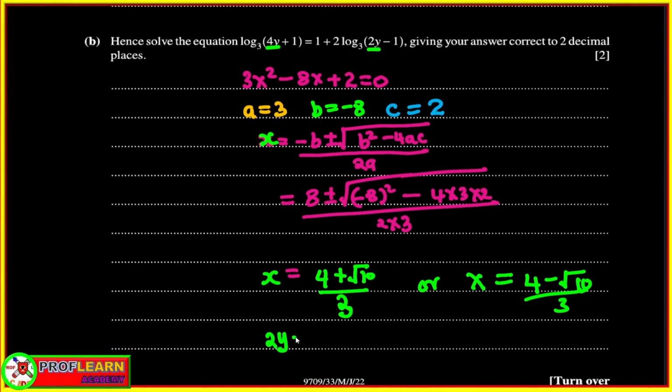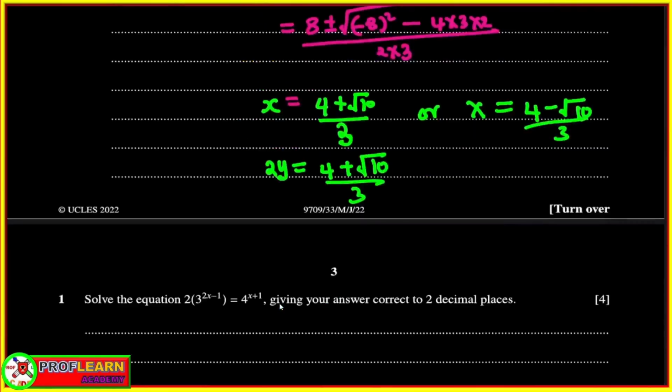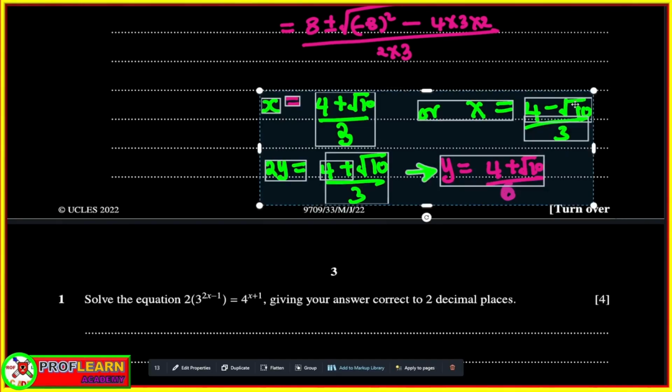So since we are having 4y, it means this expression has been doubled. So we're going to write 2y equals to the answer that we have gotten. And the other one, we are going to simplify as 6 there, because 3 times 2 is going to be 6, and then our answer for y gives us that.